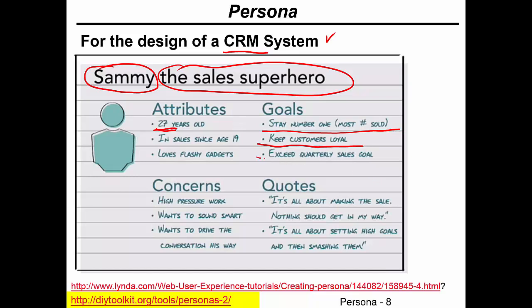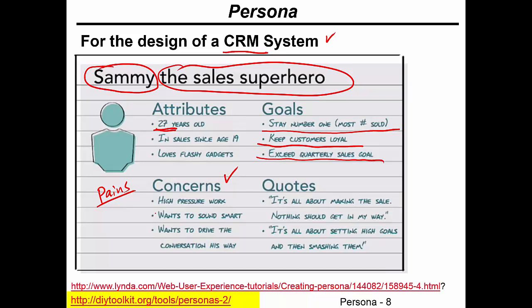And he certainly wants to exceed the quarterly sales total, so he gets a lot of bonus. A lot of salespeople rely on bonus to generate comfortable income. However, these are his concerns or pains. Remember, customers' pains. Okay, it's a very high pressure work environment.